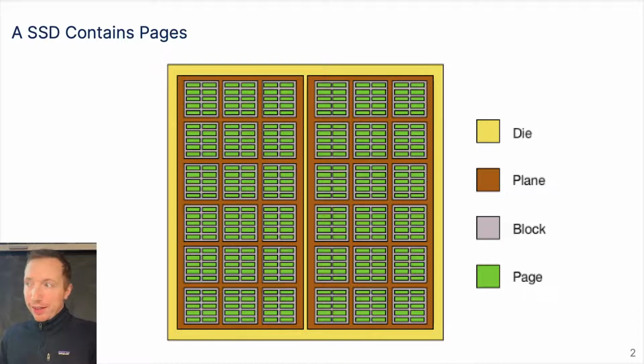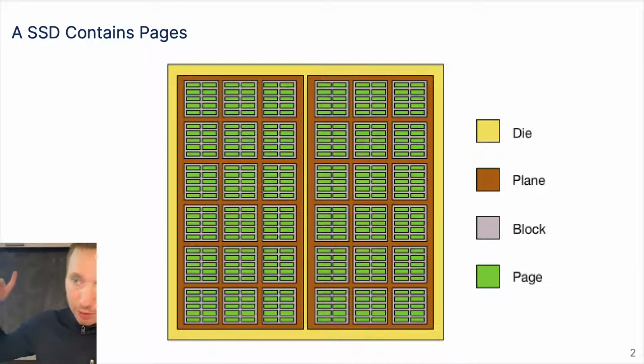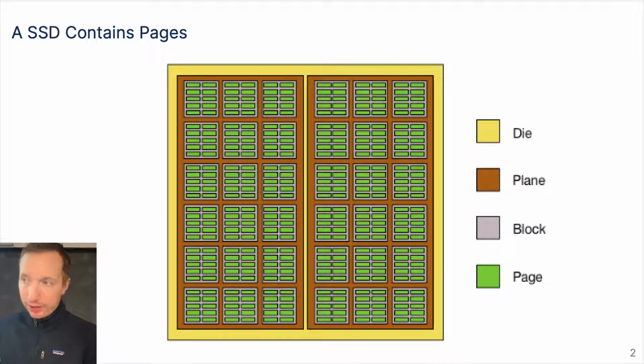So if you rip open an SSD and look at the package, this is what it looks like. We can ignore the die in the yellow and the plane in the brown. For programming, we only have to care about blocks and pages. Thankfully, the pages in the green are typically 4 kilobytes, the same page size we already use with virtual memory.